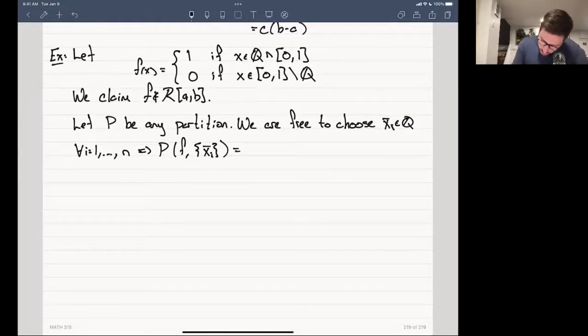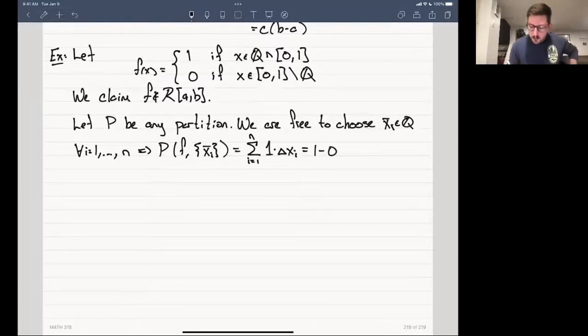And so, just like before in the previous example, I get 1 times delta x_i, which is just equal to the length of the interval times 1. So that's going to be 1 minus 0, which is just equal to 1. So if you're using rational evaluation points, for example on a computer where you only have access to rationals, then your Riemann sum is going to return 1.